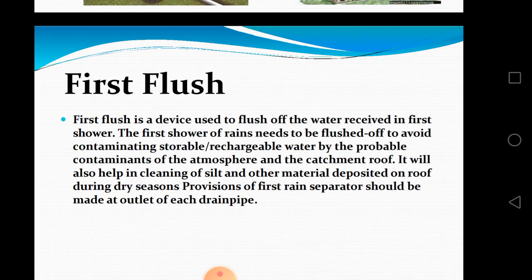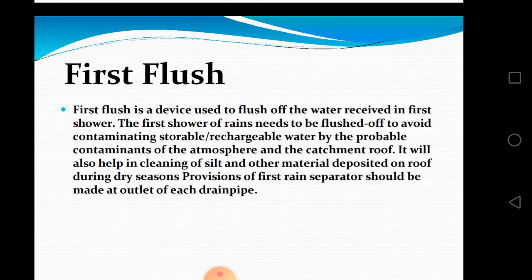And another one is first flush. It is a device used to flush off the water received in the first shower. The first shower of rain needs to be flushed off to avoid contaminating storable, rechargeable water with the probable contaminants of the atmosphere and the catchment roof. It will also help clean silt and other material deposited on the roof during dry seasons. Provision of a first rain separator should be made at the outlet of each drain pipe.